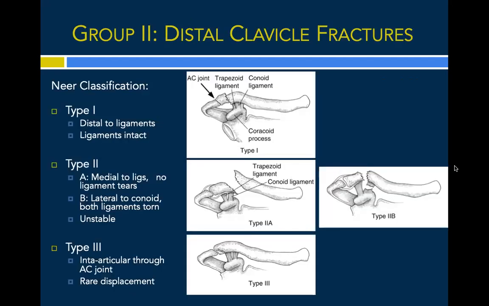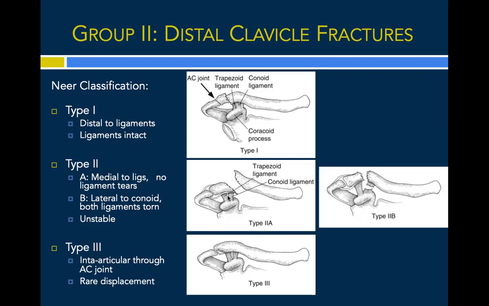So let's talk about these group 2 distal clavicle fractures. Remember, the second most common type we will see. Neer, the same guy who gave us the Neer test, has a classification system for these. A type 1 occurs distal to the coracoclavicular ligament, so these ligaments are intact.